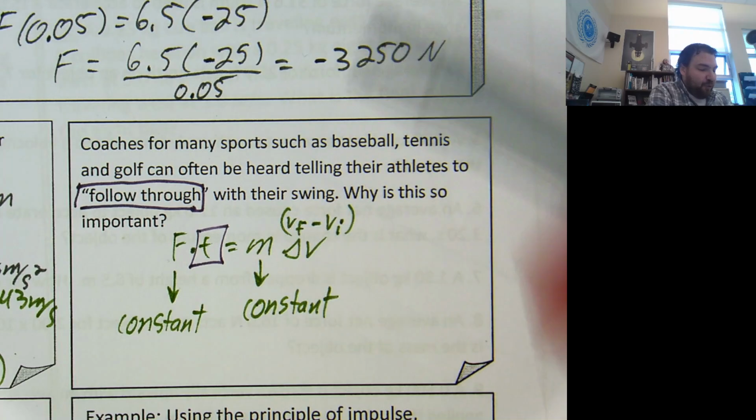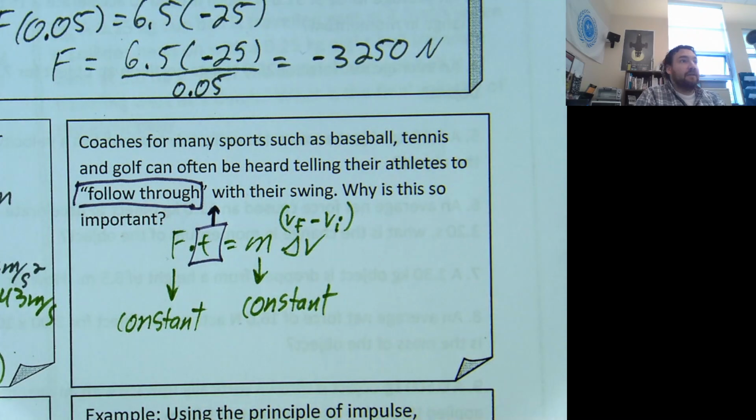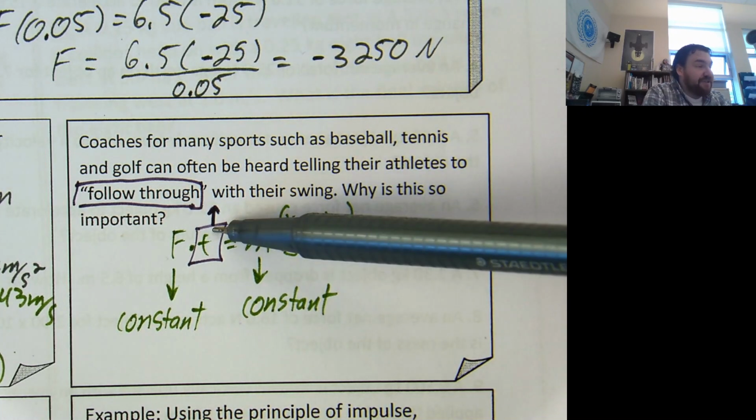So by following through, you're taking the time of impact and increasing it. Not only is the ball being hit by the club or the bat, but for a moment of time, the ball and the bat get carried together. So by following through, you increase this time.